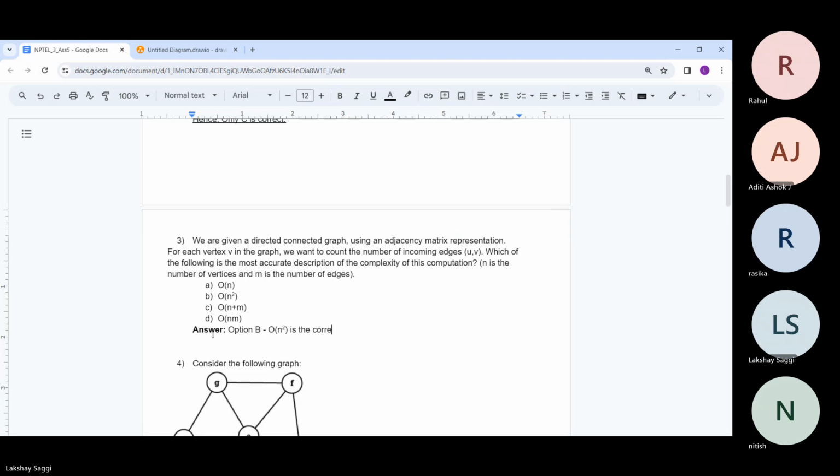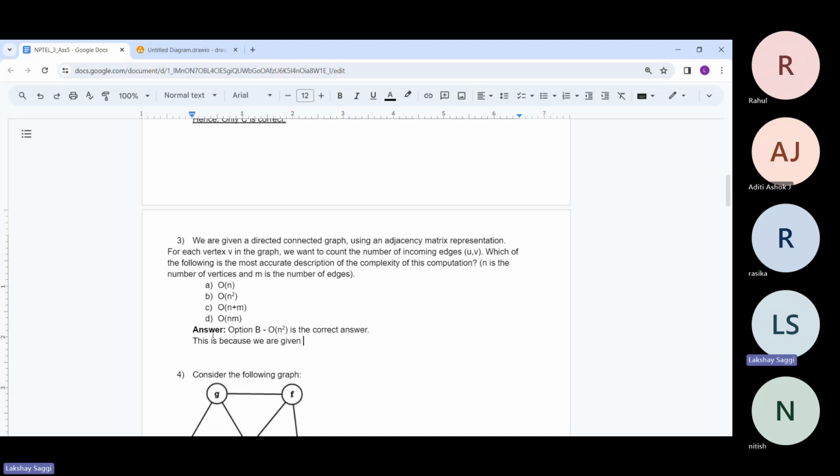Option B is the correct answer. And why is this the case? This is because we are given adjacency matrix representation.